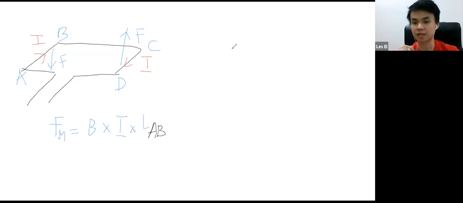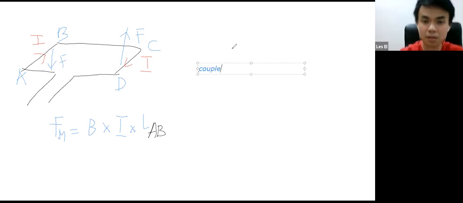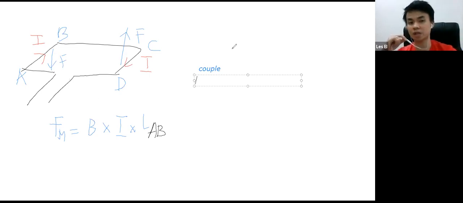The thing is clear until here. But then you remember the couple? The turning effect of force, we had one discussion about a couple in AS level. So both of the forces here could be called a couple, right?